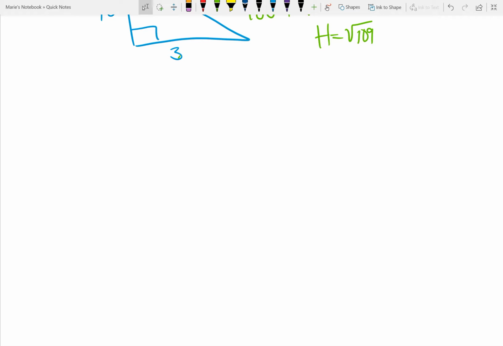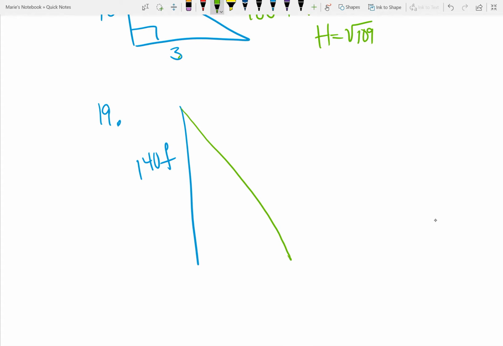Okay, number 19. You have the radio transmission tower is 140 feet tall. So we know the tower is 140 feet in its entirety. And how long should a guy wire be? A guy wire is basically the length of the hypotenuse.